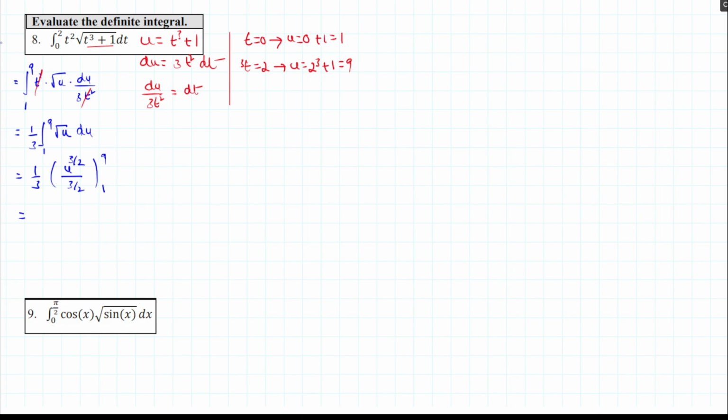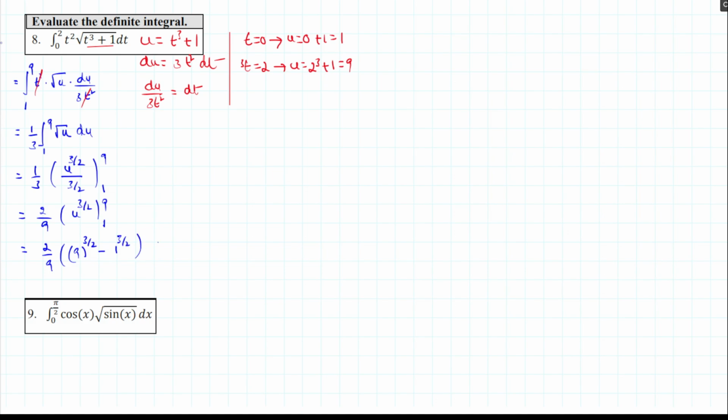and 3 half in the denominator can be written as 2/3 when you flip this fraction, that is 2/3, and with the 3 in the denominator, 3 times 3 becomes 9. So this is 2/9 times u power 3 half over limits 1 to 9. So this is 2/9, and this one is 9 power 3 half minus 1 power 3 half.